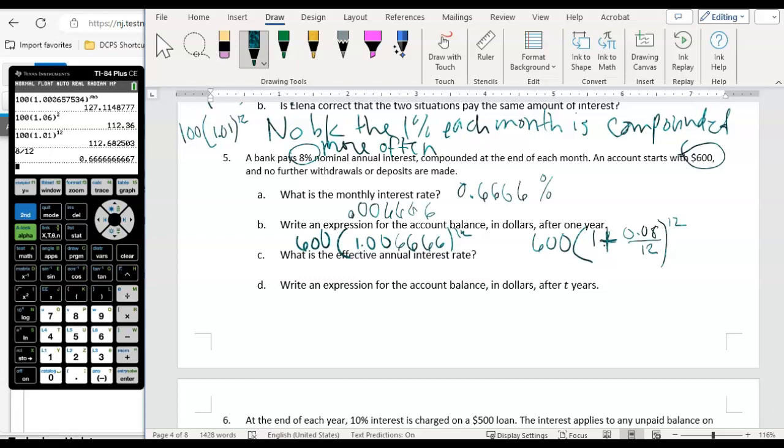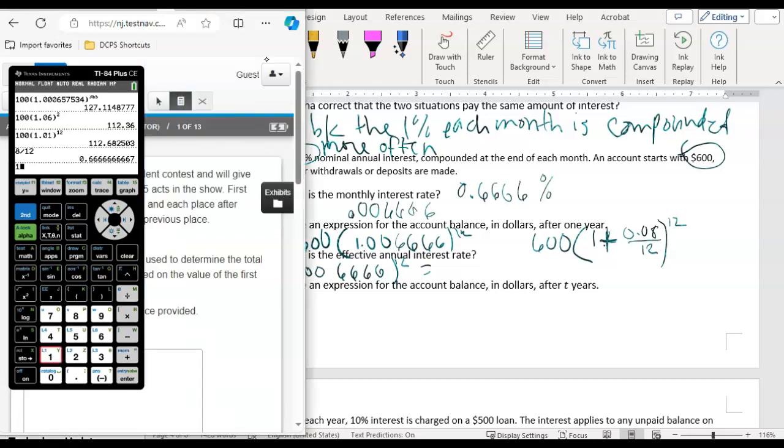All right, the effective annual interest rate. So the effective annual interest rate is when we take this, not that, that's incorrect, 1.00666, and do to the power of 12, and then we look at that decimal. So let's do that. We'll actually use this one right here.